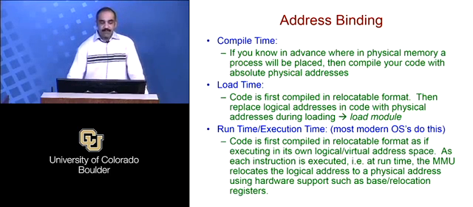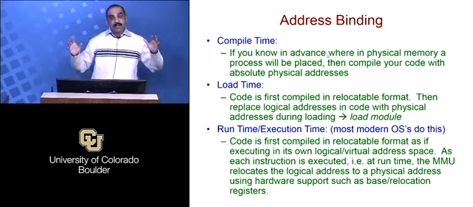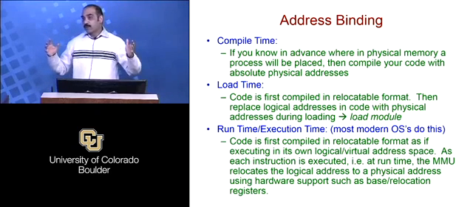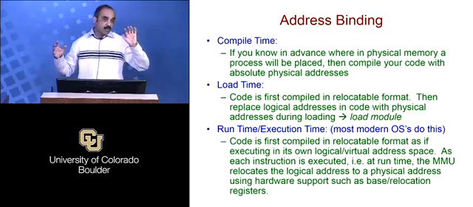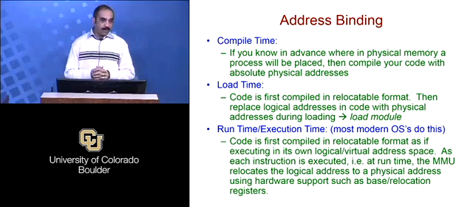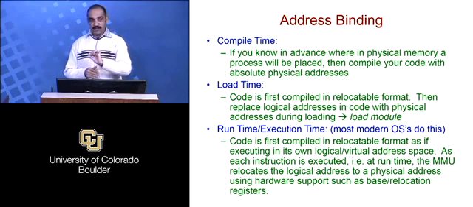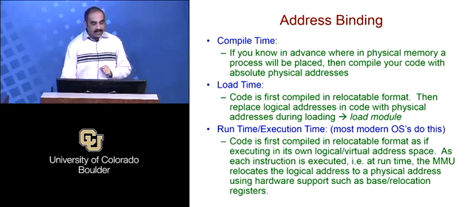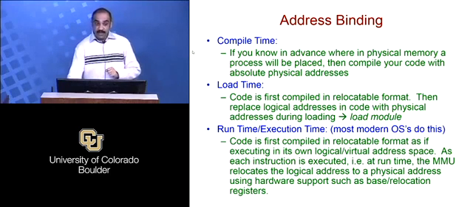We first look at address binding. That is, when do you translate the logical address into a physical address? Logical addresses are given when you compile the program. The question is, when do you change those logical addresses into physical addresses? There are three different times you can do it.